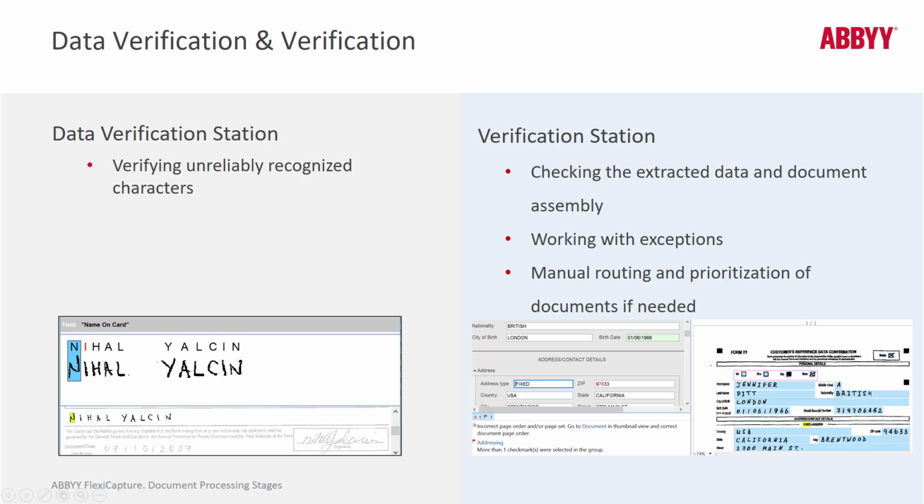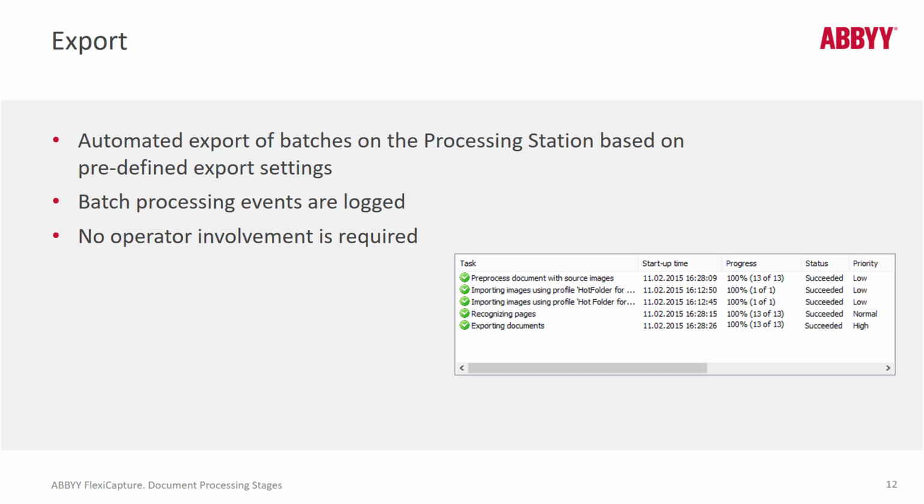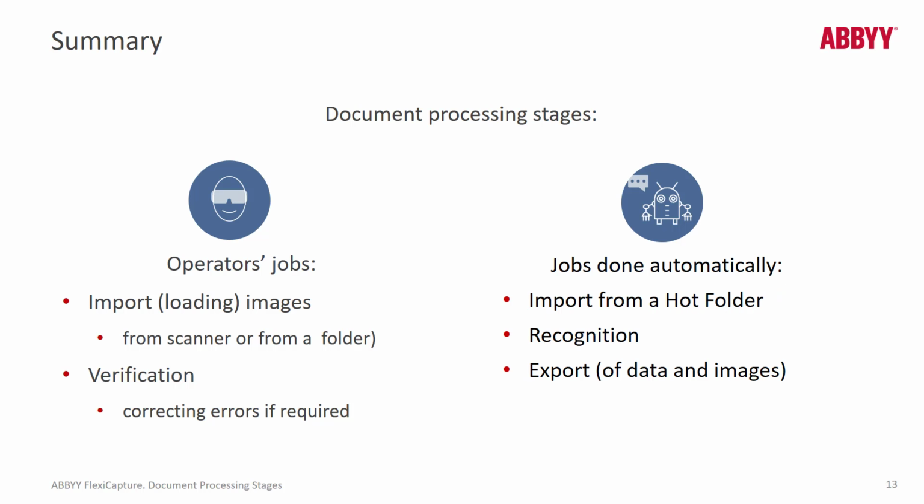So typically power users will operate the verification station. And then exporting is the last of the main stages in a FlexiCapture workflow, and exporting happens automatically without operator involvement. You can have multiple concurrent exports happening at once, and once again, exporting happens at the processing station.